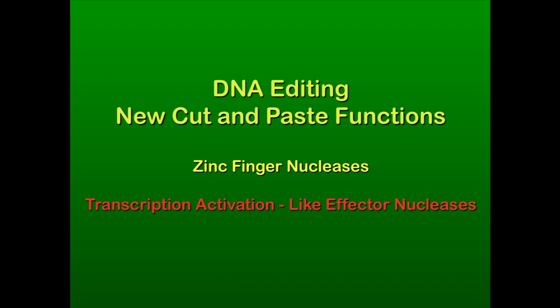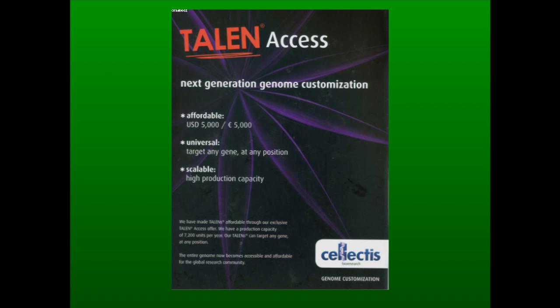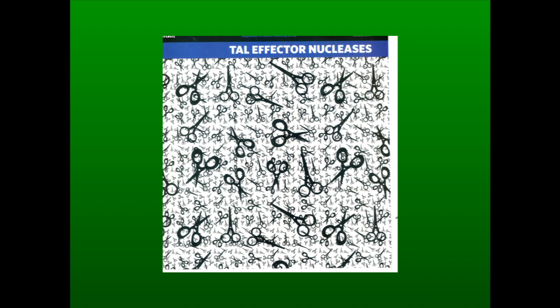So TALENs, transcription activator-like effector nucleases, you can buy these too. This is like a huge Lego set. You know, you want to disrupt something, this is how it goes. And this was covered in a special issue of Nature recently, shown on this cover, sort of, this is like molecular scissors.